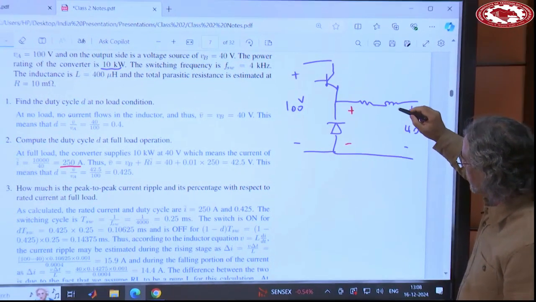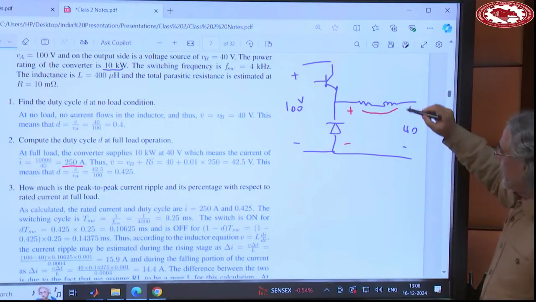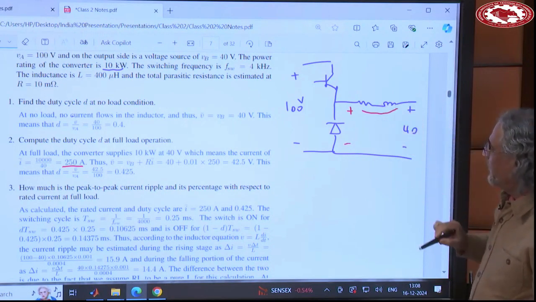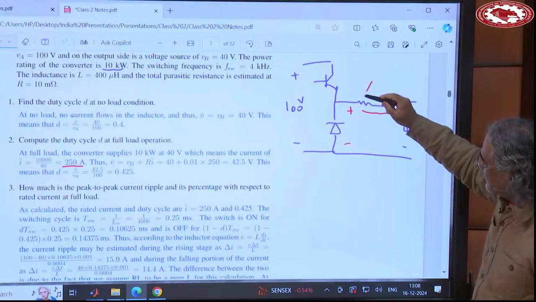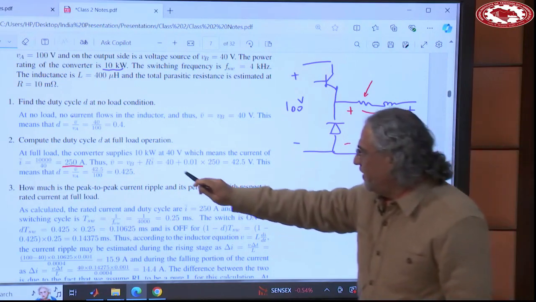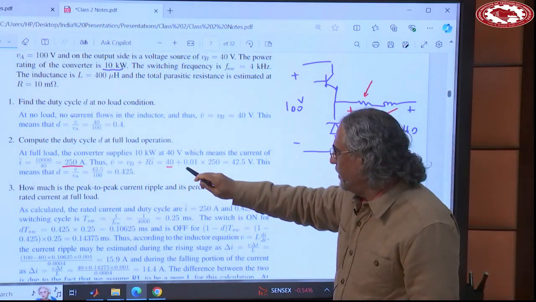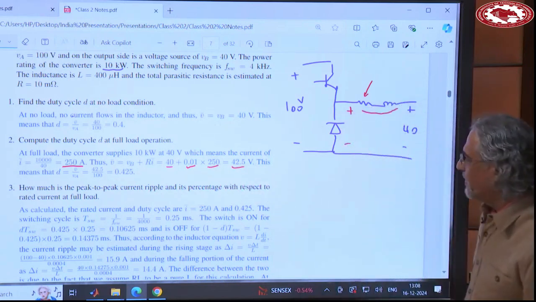40 plus the voltage drop across this one, right? Voltage drop across this one at the DC level will be only this one because the inductor will have no voltage drop. So 40 plus 10 milliohm into 250, 42.5.